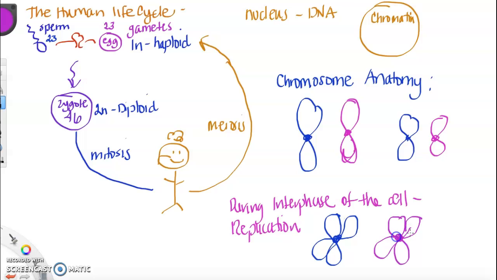And there's the other one. So all of the chromosomes look like this, where they have two sister chromatids. So this is a sister chromatid, this is a sister chromatid.